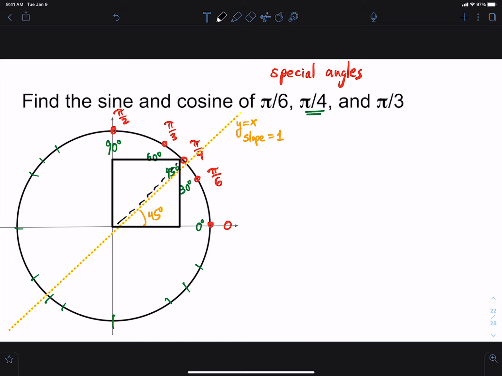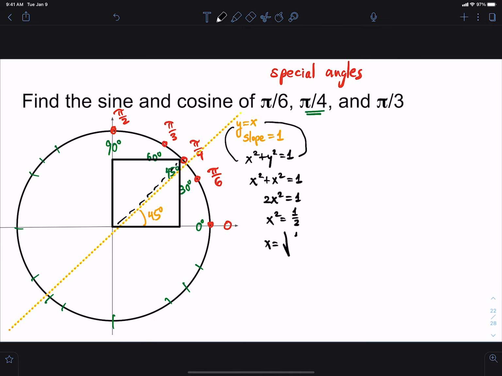But anyway, since y equals x and x squared plus y squared equals 1, we have a system of two equations and two unknowns, and we can solve that just by the standard technique of eliminating a variable. This means x squared plus x squared equals 1 because y is the same as x, or 2x squared equals 1, and x squared is 1/2. So x is going to be a positive number.